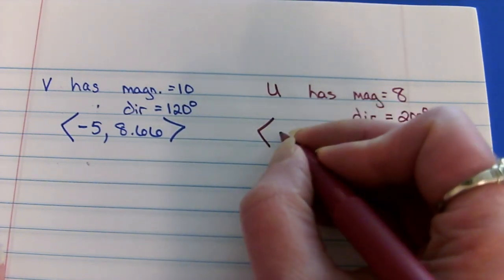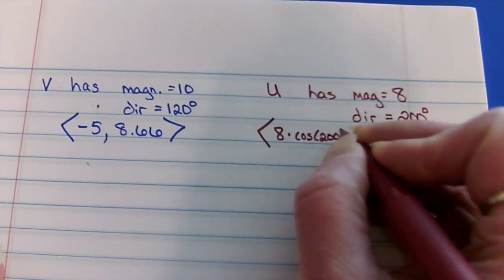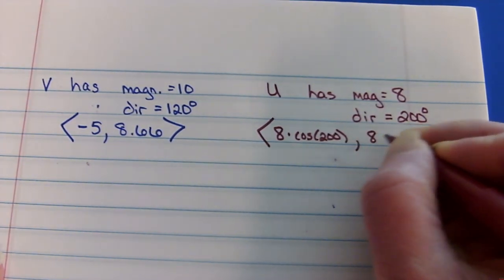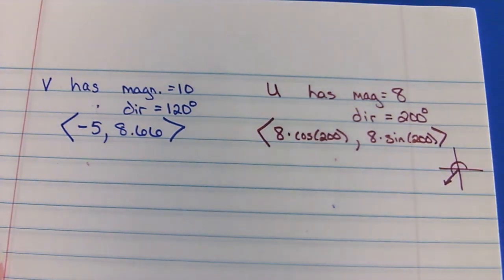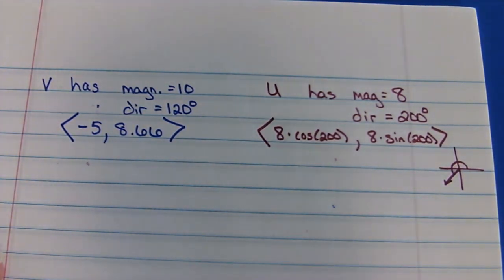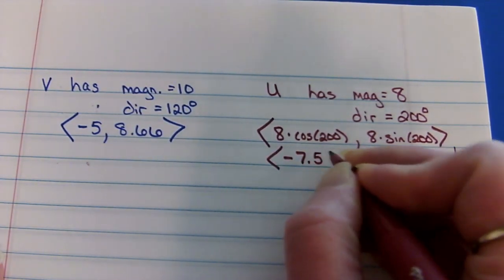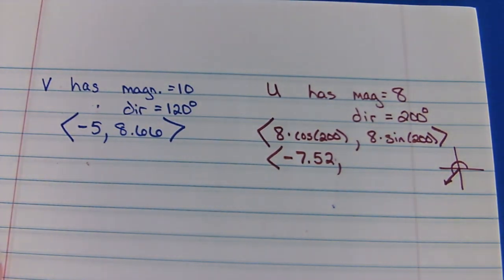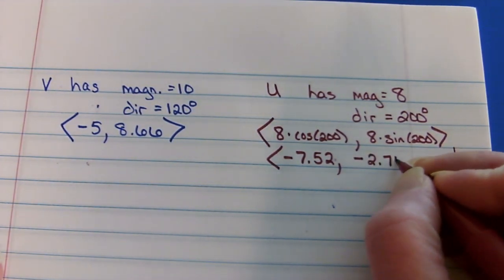I'm just going to take 8 times the cosine of 200 and then 8 times sine of 200. 8 cosine 200 gives me -7.52, and then 8 times sine of 200 gives me -2.74.